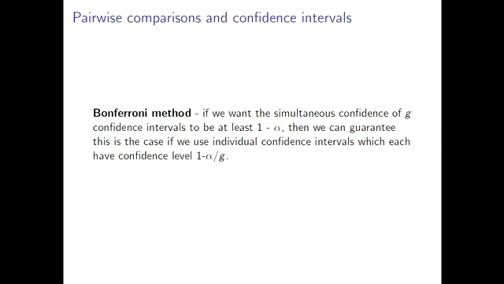So if you're actually going to make a number of comparisons, G of them say, then you should use the confidence level of 1 minus alpha on G. Okay, so divide your 0.05, let's say you're making 3 comparisons, divide it by 3, so you make each at the 1 and 2/3% level of significance. 1 minus that, you'd make everything at 98 and 2/3%.